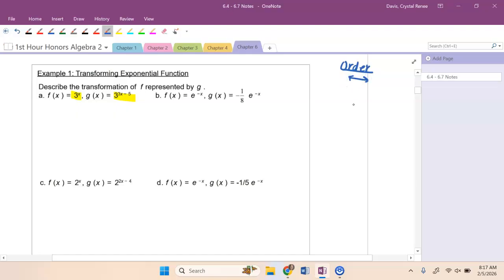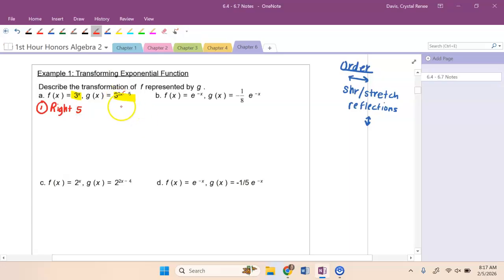The next thing we look for is a shrink or a stretch, and if there's both, it doesn't matter which order those go in. Then we look for reflections, which are negatives, and then we check if we're translating up or down. So the first thing to check is, are we moving left or right? Yes, this minus 5 means we're moving right 5.